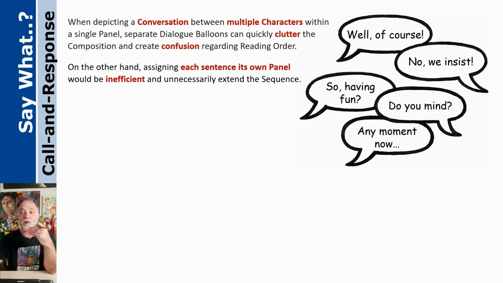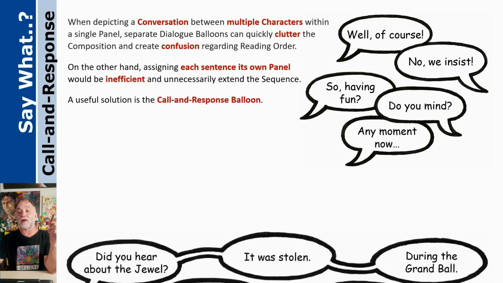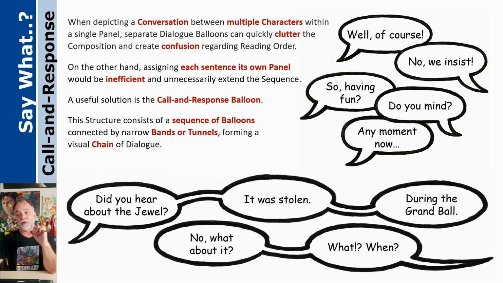I've done that with my first attempt. There's definitely a space for this within visual storytelling, but it can become incredibly monotonous. He said, she said, he said, she said, and not to mention it will make your comic book incredibly long. So enters the call and response balloon.